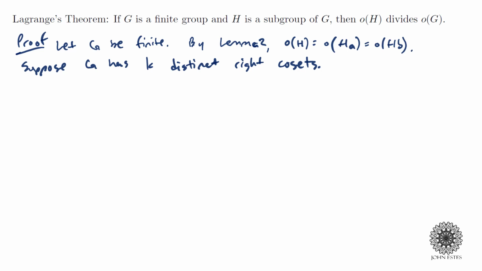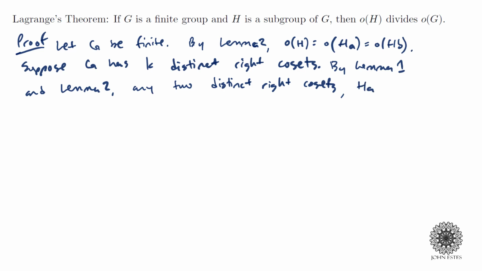We also know from Lemma 2 that they're all the same cardinality. So by Lemma 1 and Lemma 2, any two distinct right cosets, let's call them Ha and Hb, have no intersection and have the same order.